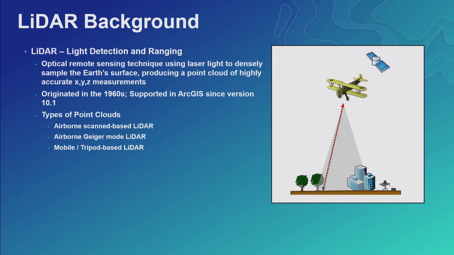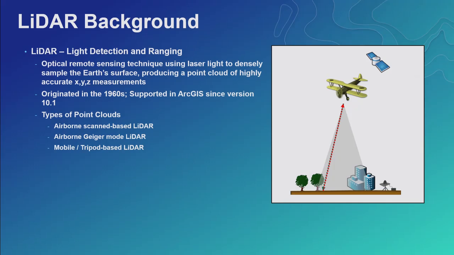One of the newer ones out there is called airborne Geiger mode Lidar. One of the companies working on this is Harris, and if you get a chance at the Expo Center, they would probably be the best people to talk to about this. Also, Lidar can be collected on mobile platforms, tripods, and drones.